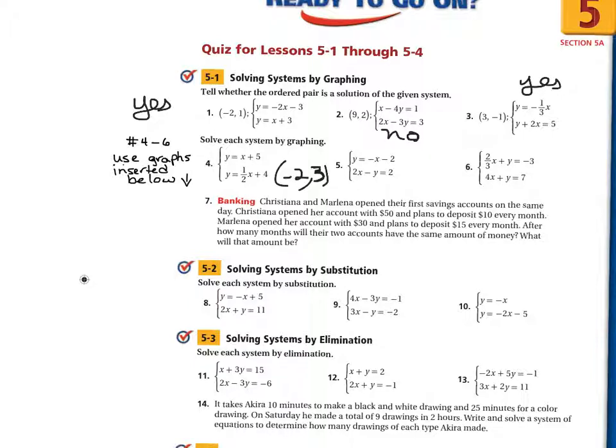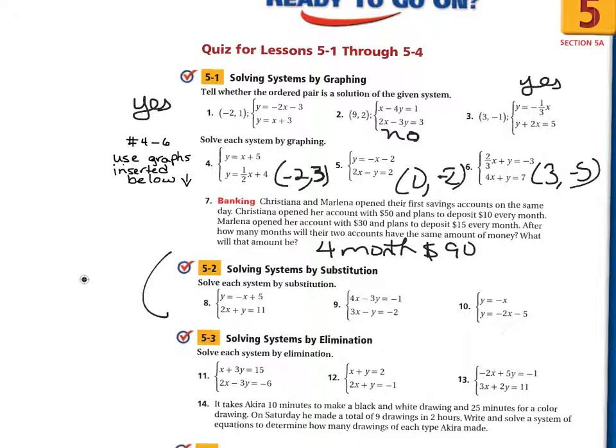Yes? Okay, this time on the test there isn't a word problem, but if you did solve this one, it should have been 4 months and $90. You will have one question where you have to solve using substitution.